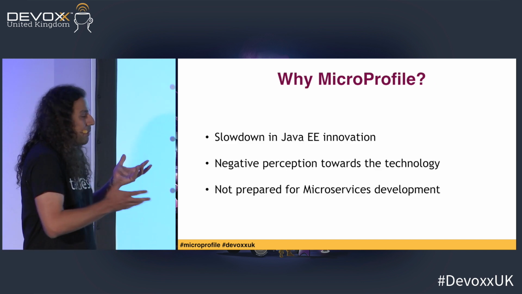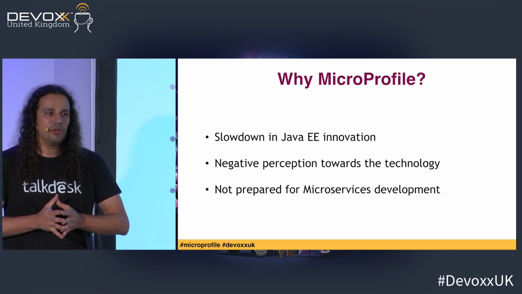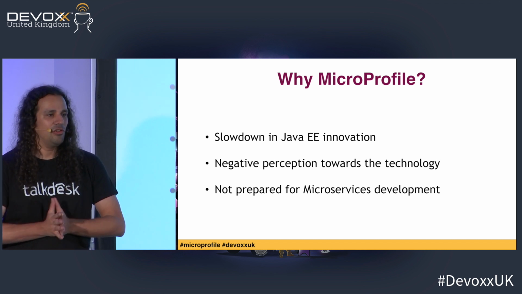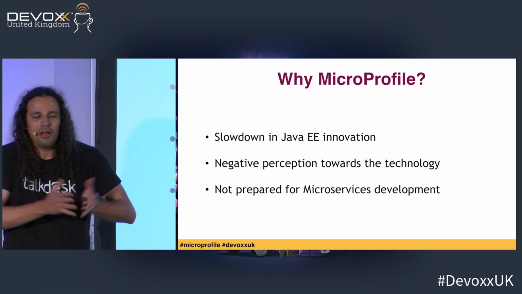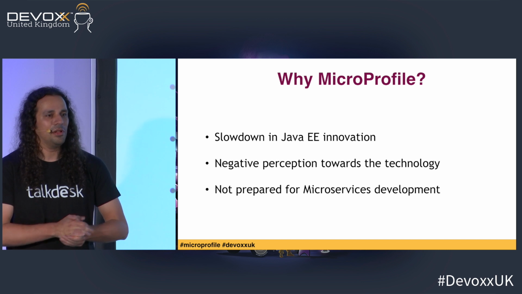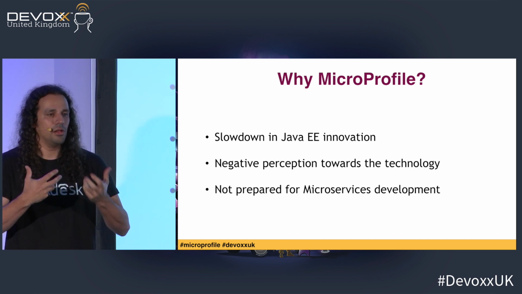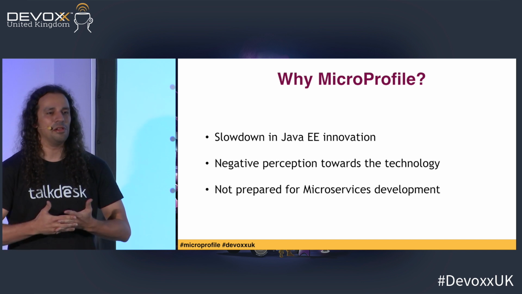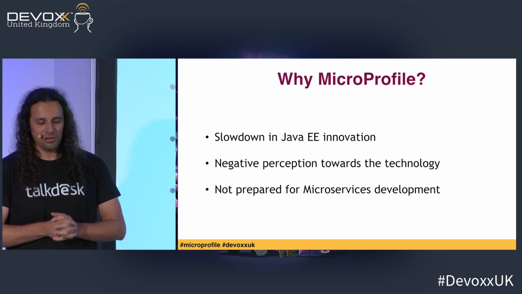So why Microprofile? The problem was the slow innovation on Java EE. It's not about criticizing anyone, but Java EE is about standards. You have to wait for things to be stable, and then sometimes the work was a little bit slow.